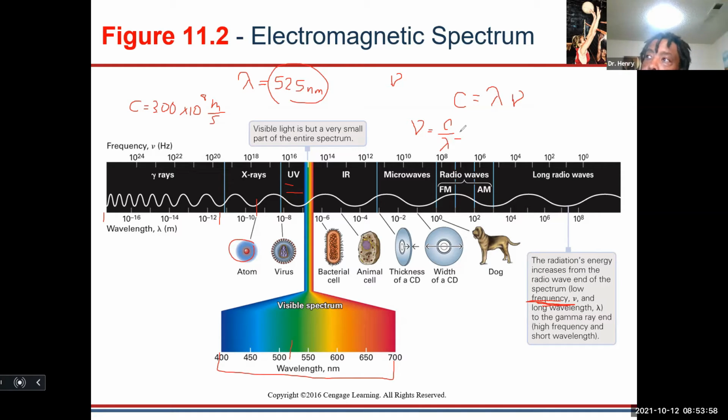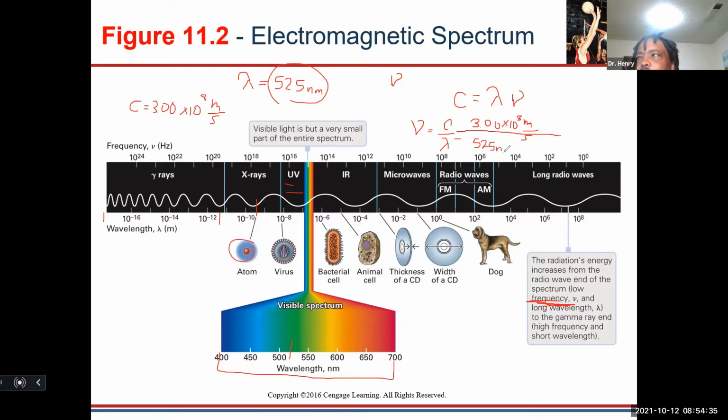So I'm going to plug this in: 3.00 times 10 to the 8th meters per second over 525 nanometers.